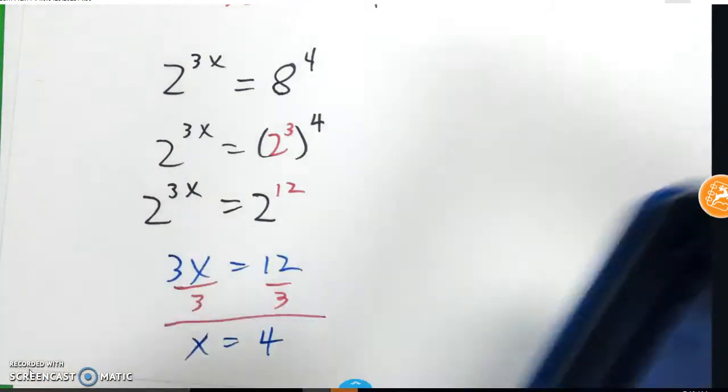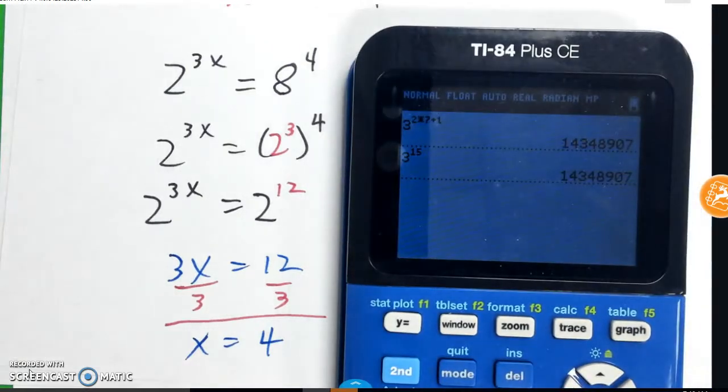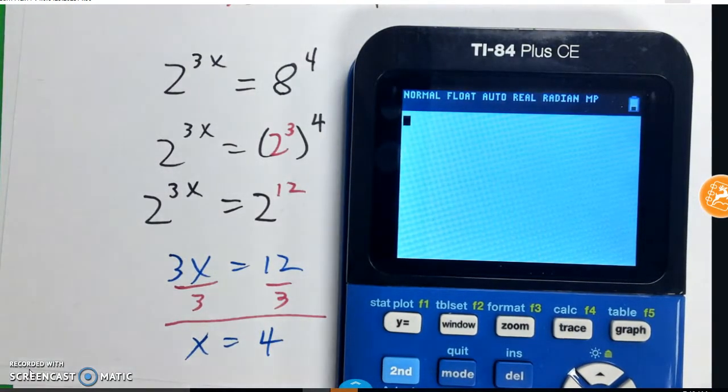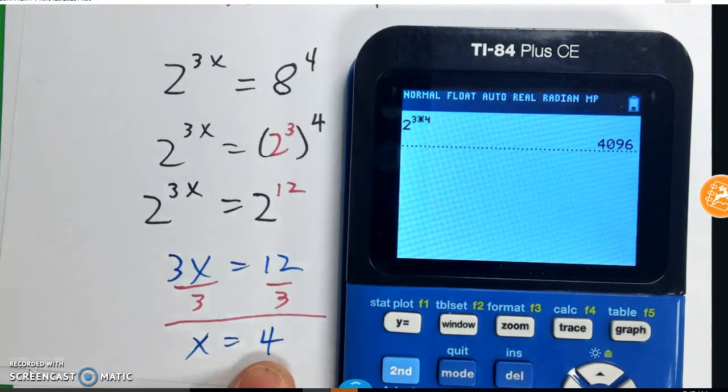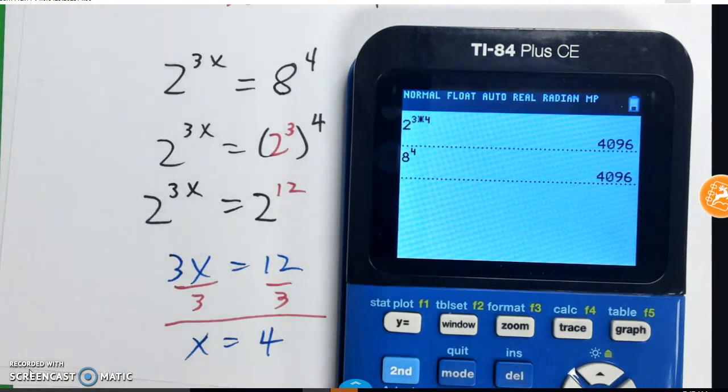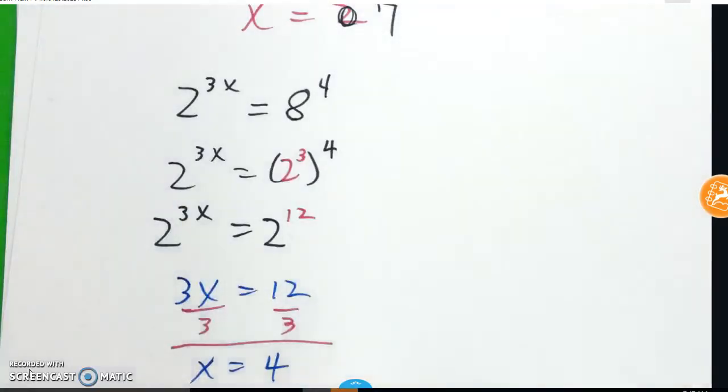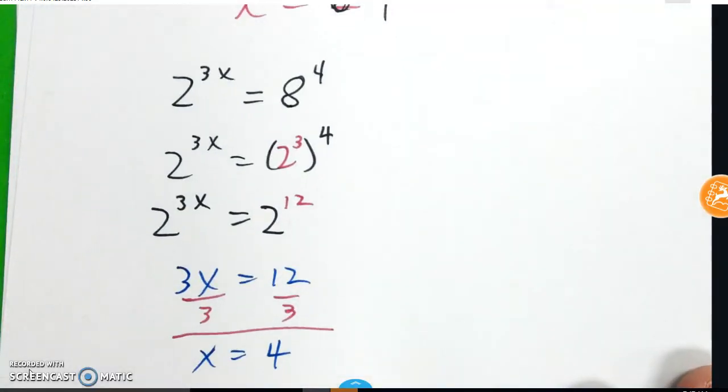Since we've had a lack of coffee this morning, let's go ahead and check. 2 raised to the exponent of 3 times our answer of 4 equals 4,096, and 8 raised to the 4th power is 4,096. So I'm good. That's the first style you will see.